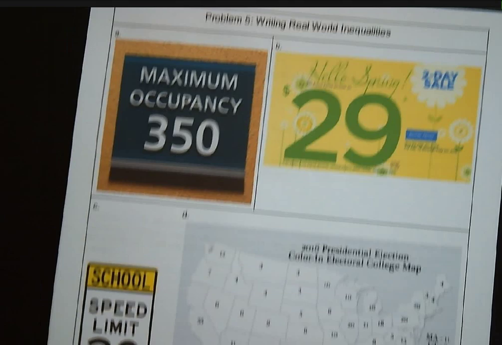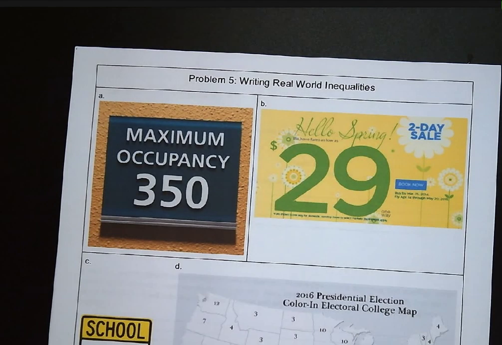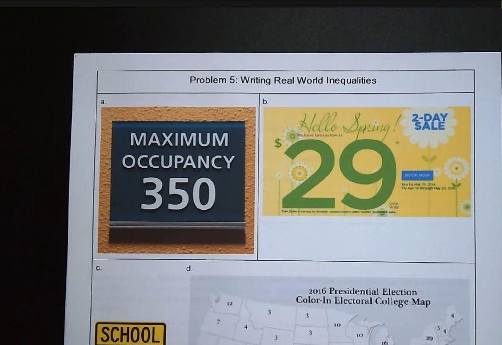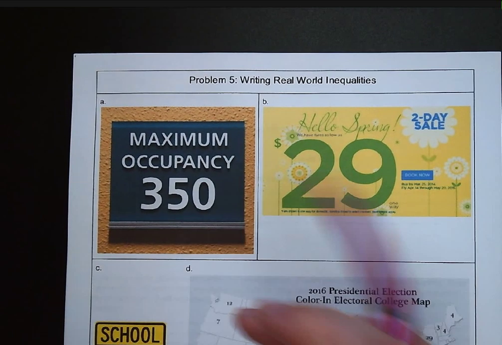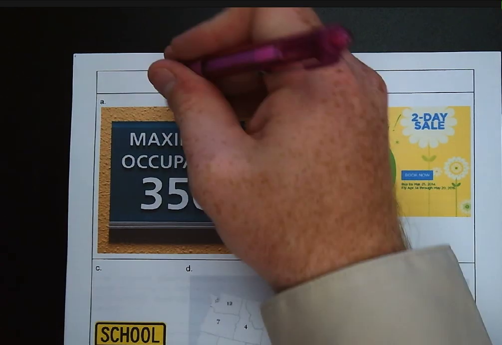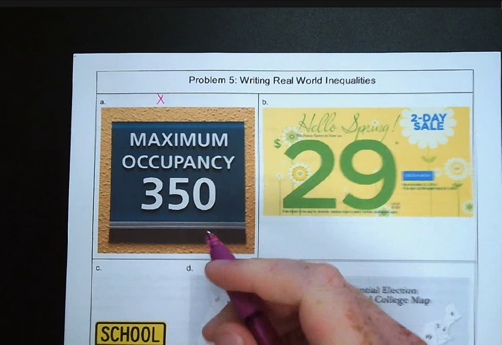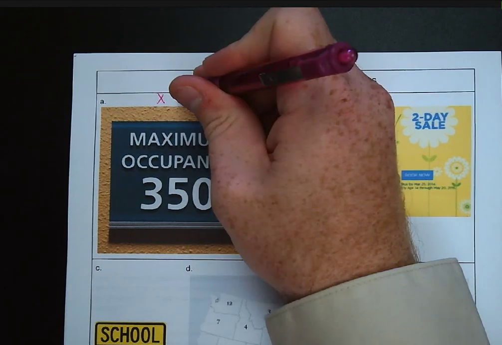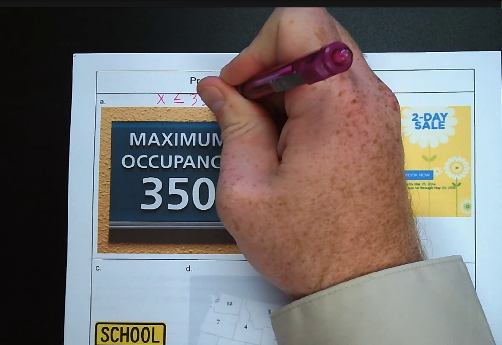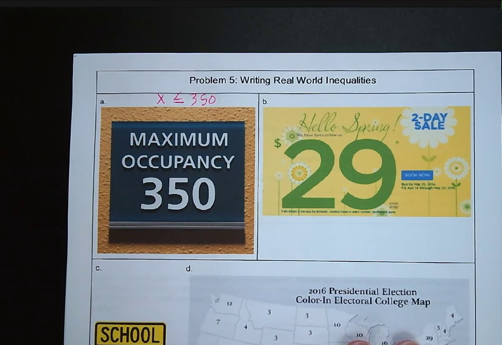Last problem of the day would be real-world applications of this. How can we write real-world situations in inequalities? So we have a sign that says the maximum occupancy is 350. So I know our people, x, has to be less than or equal to 350. Okay.